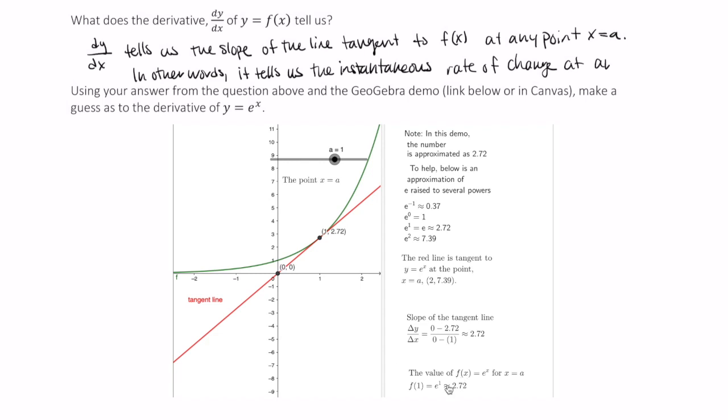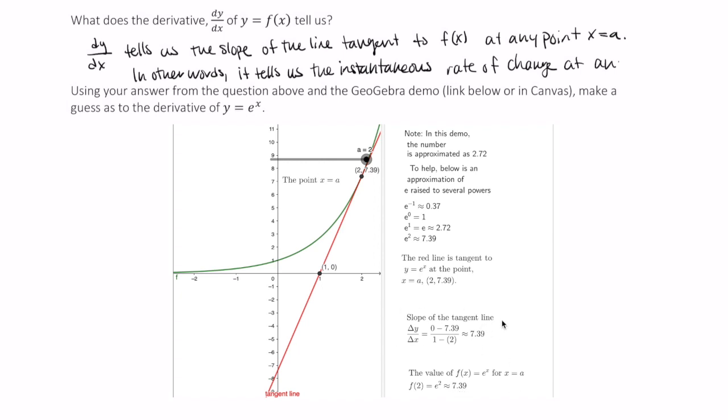And if you go through, you'll notice that is the case for every single point. If we let x equal 1, we have e to the 1 power, which is just e, or about 2.72, and the slope of this tangent line, that is the instantaneous rate of change at x equals 1, is also 2.72. So it's also e. Let's take a look at e squared. At x equals 2, we have e squared, approximately 7.39.